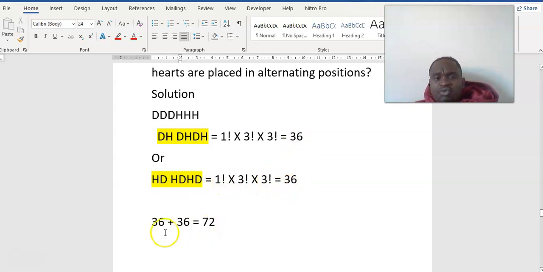So you add the 2. 1 block, 1 factorial, 3 factorial, 3 factorial gives us 36 plus 36, which is 72. Another way of doing it is you do the first one and multiply it by 2.